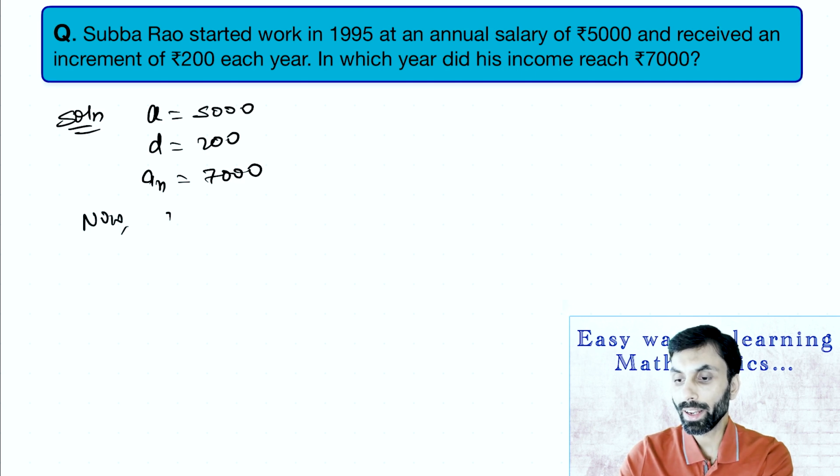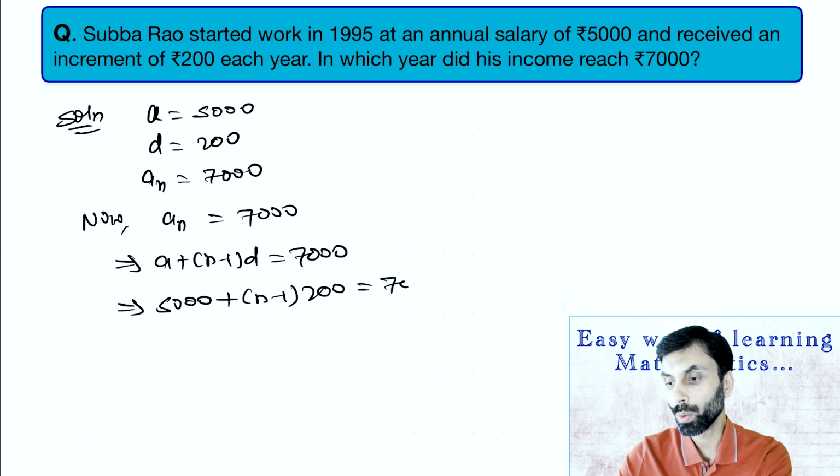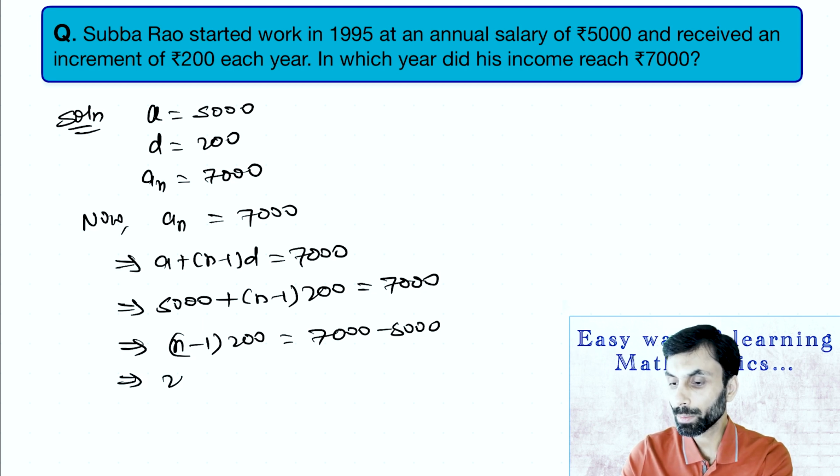Now we'll take the formula and solve it. So an is a plus n minus 1 into d, which is 7,000 here. The value of a is 5,000 plus n minus 1, common difference is 200, which is 7,000, which we can write as n minus 1 into 200 will be 7,000 minus 5,000, which means 200 into n minus 1 will be 2,000.